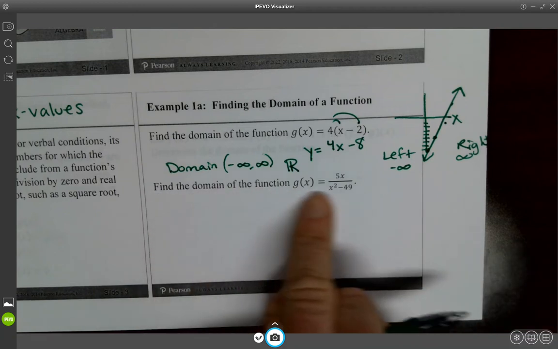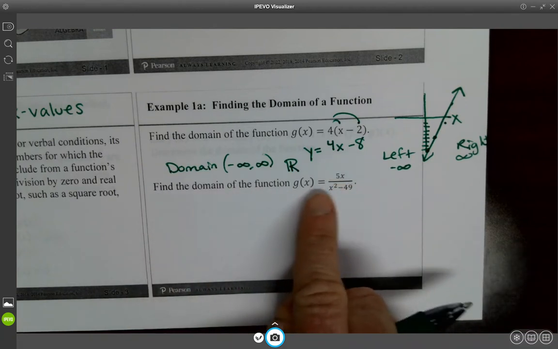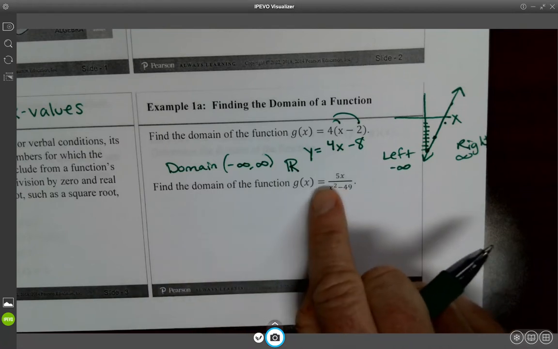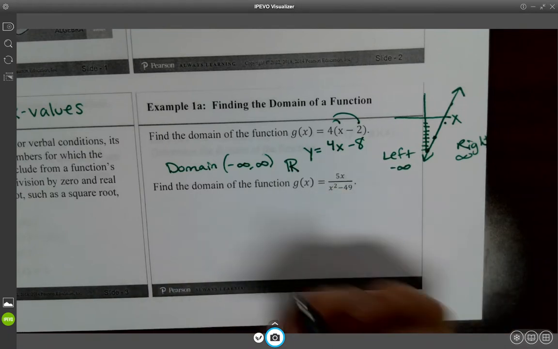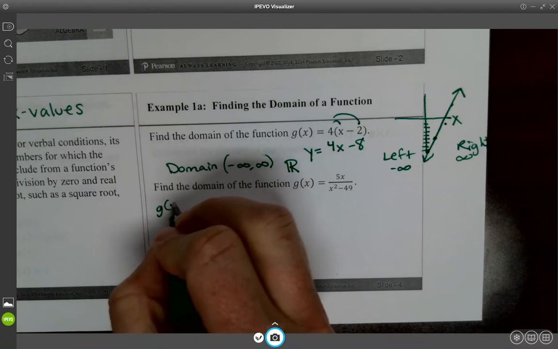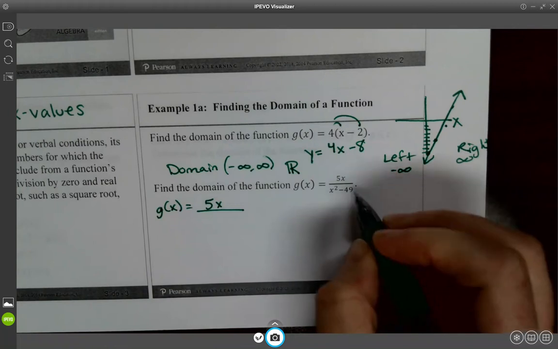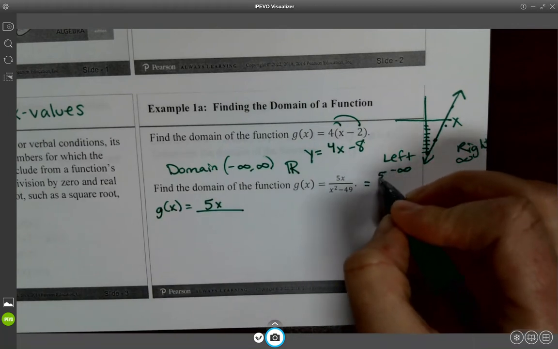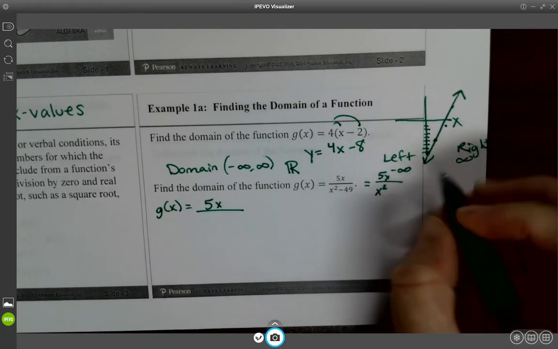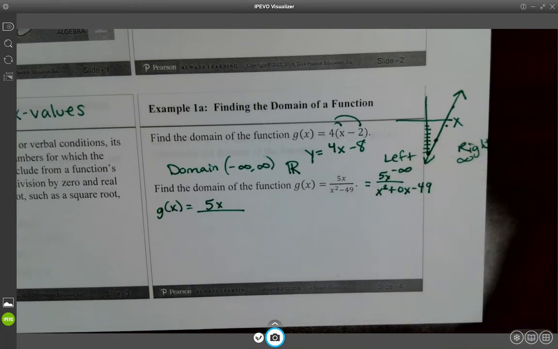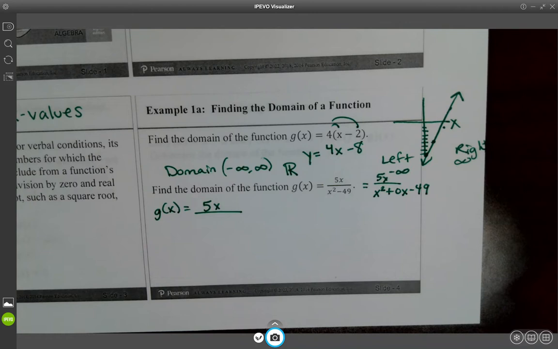The next one, we have 5x over x squared minus 49. So we would need to simplify this or factor it. So g of x equals 5x over, think about this as x squared plus 0x minus 49. This is a difference of squares.